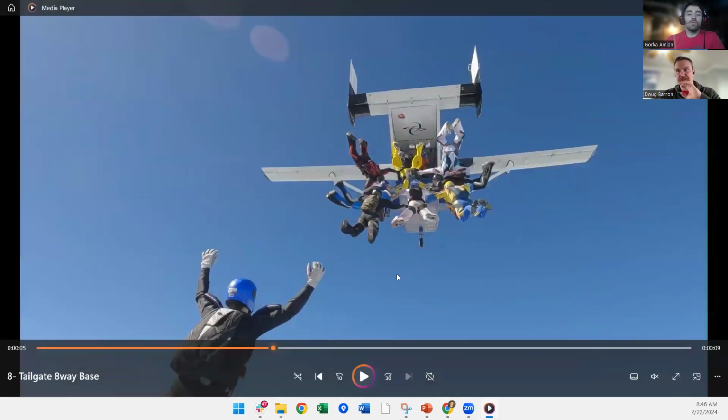Yeah, so one thing that I wanted to add on the technique of exiting here, we don't really set up on a diagonal. These four people are actually taking leg straps, sort of like a four-way. So we have the organizer setting up line of flight here, and then two jumpers across, and then two people sort of in a diagonal holding on to the leg straps of the people next to them.